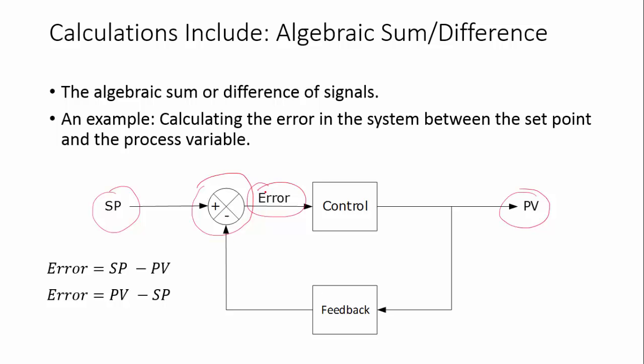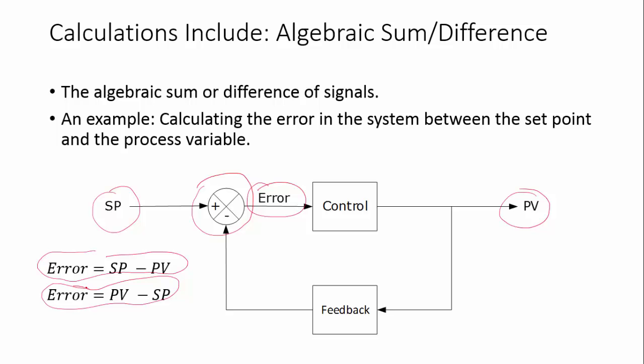What you're going to find is that a lot of control is done based on how much error we have in the system. An error is calculated using the equation down here, either set point minus process variable or process variable minus set point.